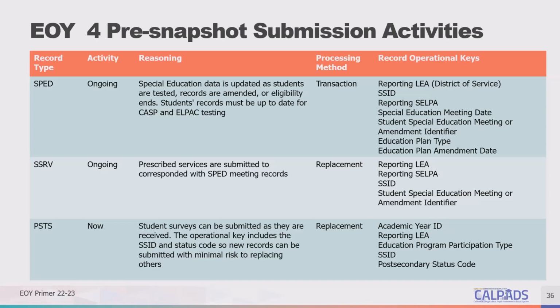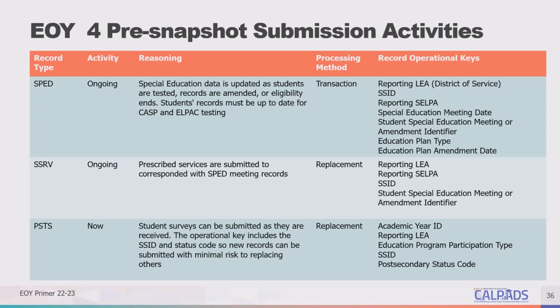This submission is ongoing, and the data is currently being submitted now, with the exception of the PSTS file. So SPED and SSRV files are currently being submitted to CALPADS from the Special Education Data System, or SEDS.